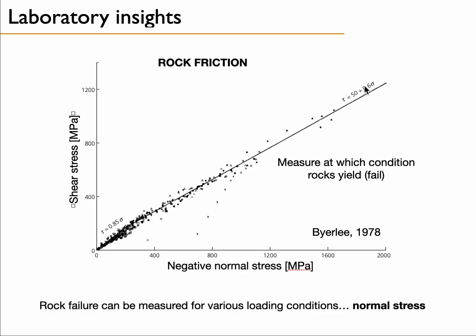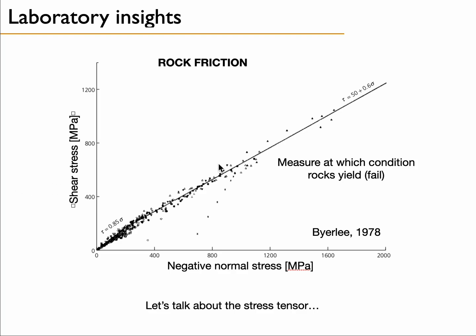So there is a linear fit which is made using those points. And that would be Byerlee's law. So the rock failure can be measured for various loading conditions. And what matters here in terms of loading condition is the magnitude of the normal stress. So we apply a normal stress and measure the shear stress.